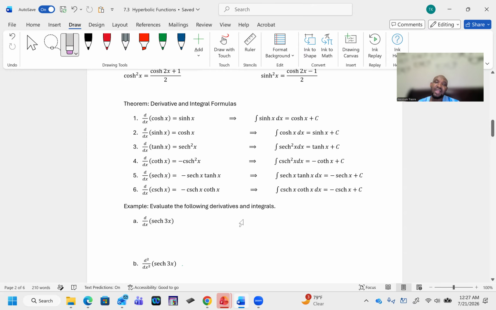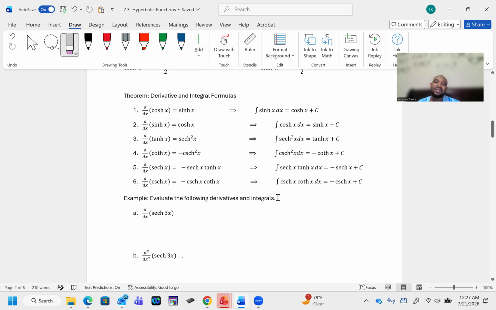Based on that, we are asked to evaluate the following derivative and integral. So first thing, find the derivative of hyperbolic secant of 3x with respect to x. To find this one, do not forget the derivative of hyperbolic secant of x is given to us. That's the basics, and this is the chain rule, right?